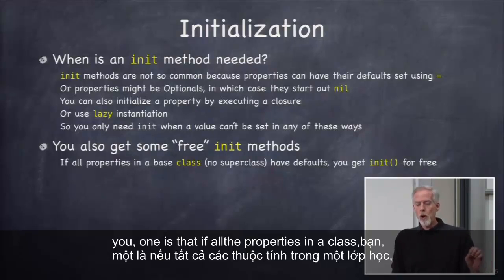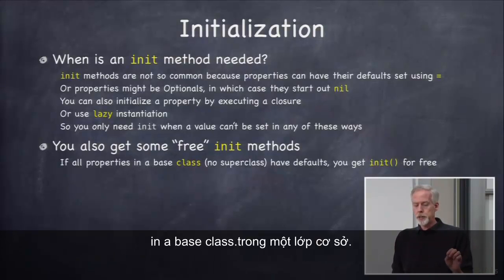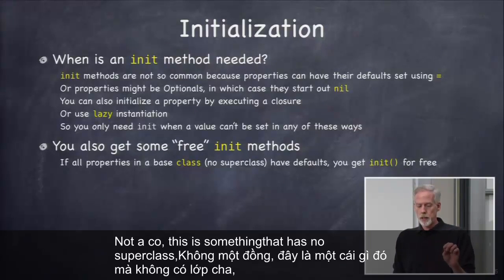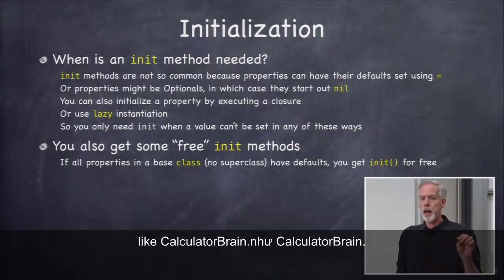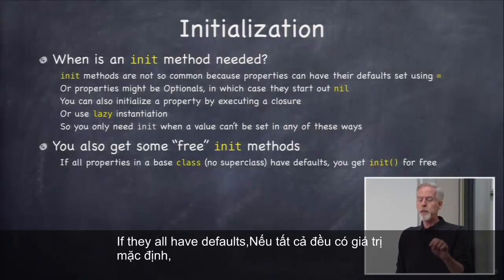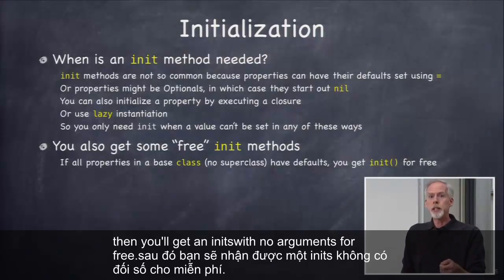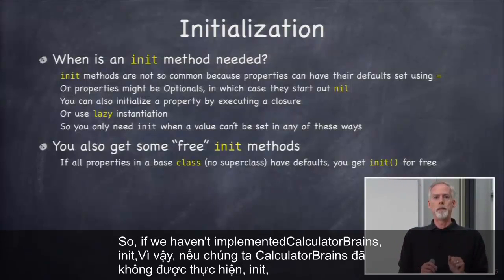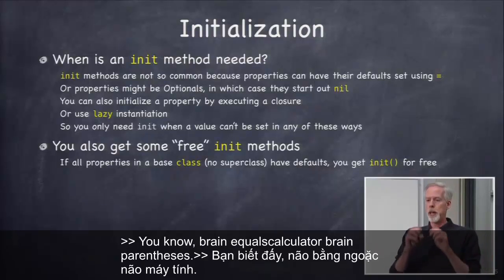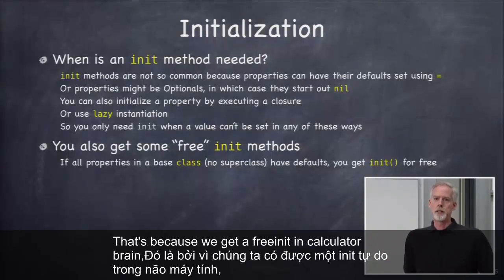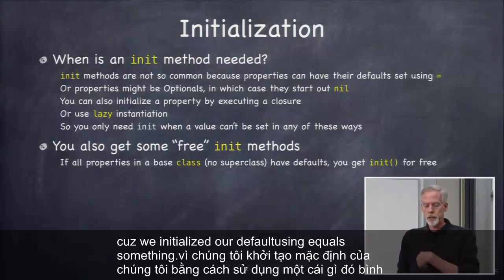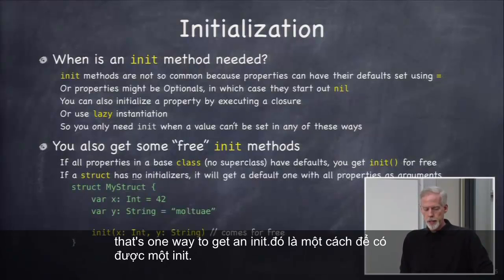One is that if all the properties in a base class, something that has no superclass, like calculator brain, all have defaults, then you'll get an init with no arguments for free. So if we hadn't implemented calculator brain's init, we still could have said brain equals CalculatorBrain parentheses. That's because we get a free init in calculator brain because we initialized all our defaults using equals something. So that's one way to get an init.